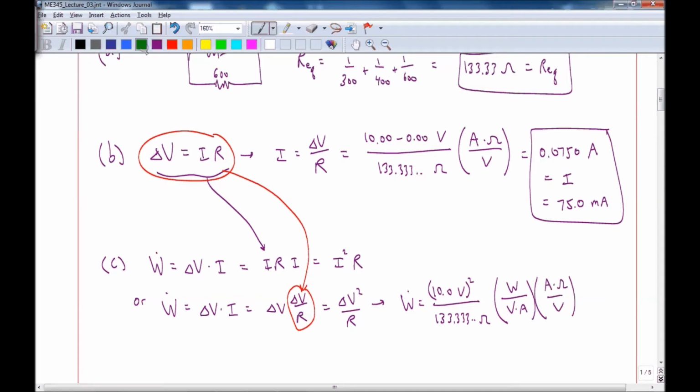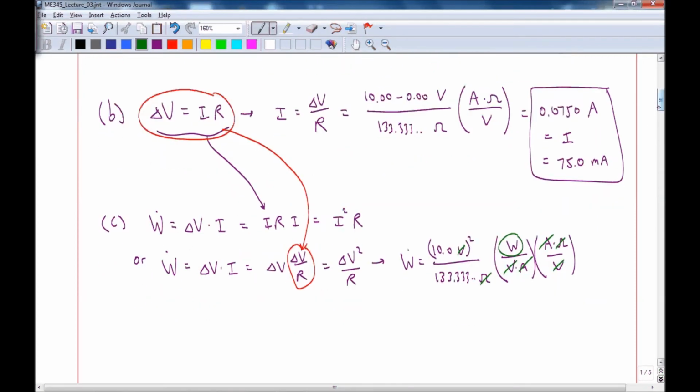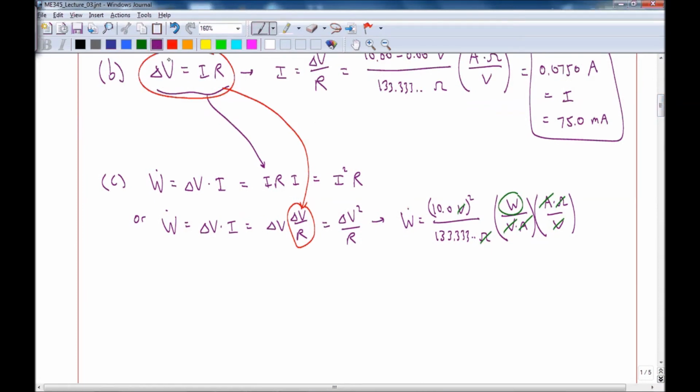So the units, we want our answer in watts, and of course we get volts squared cancel, we get amps cancel, we get omega, which is the symbol for ohms, canceling, and so we end up with simply watts, which is what we want. And when we plug in, we get W dot, the power, is equal to 0.750 watts. 3 significant digits.